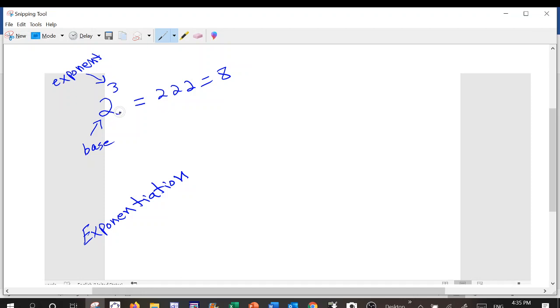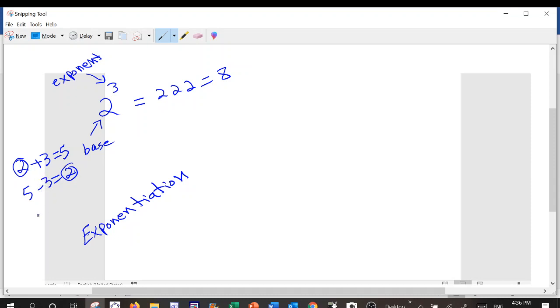Now, every operation has an inverse. For example, if I take 2 and add 3 to it, I get 5. Then what do I do to 5 to get the 2 back? And that, of course, is subtracting 3. So adding 3 and subtracting 3 are inverses. They cancel each other.